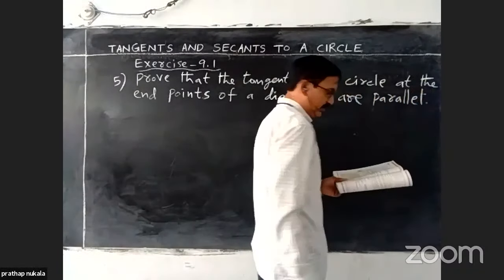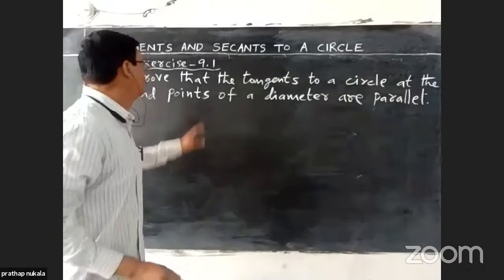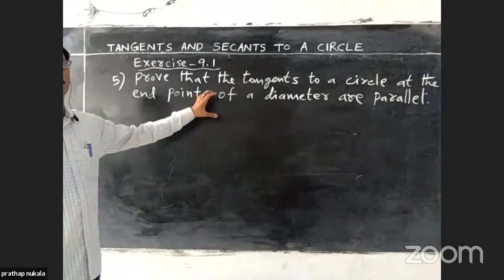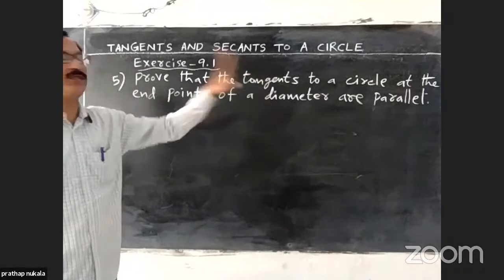Now we are going to prove that the tangents to a circle at the end points of a diameter are parallel.